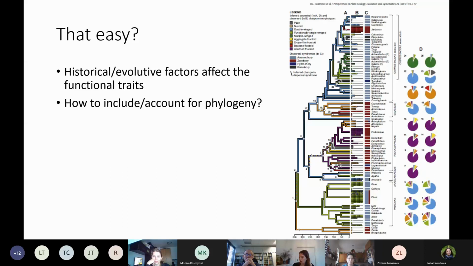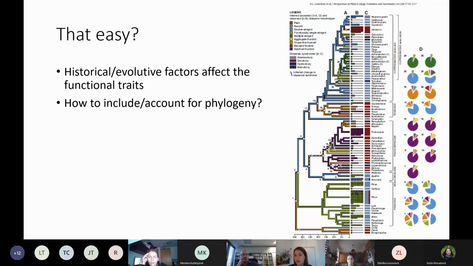And here's where I got, I would say, my first bump in the road, which is that the historical and evolutive factors affect the functional traits. And so there are still discussions whether you have to exclude this importance or you can just ignore them.